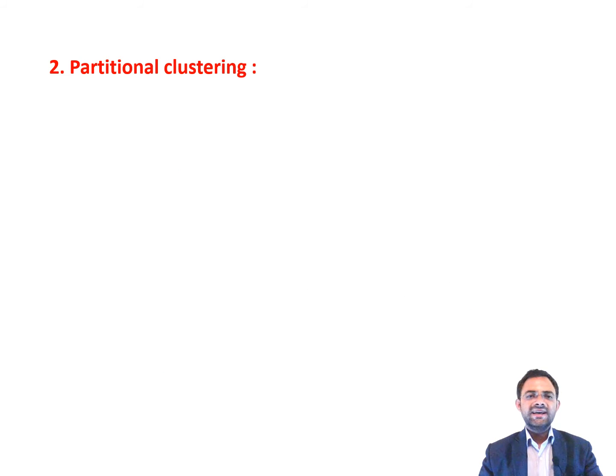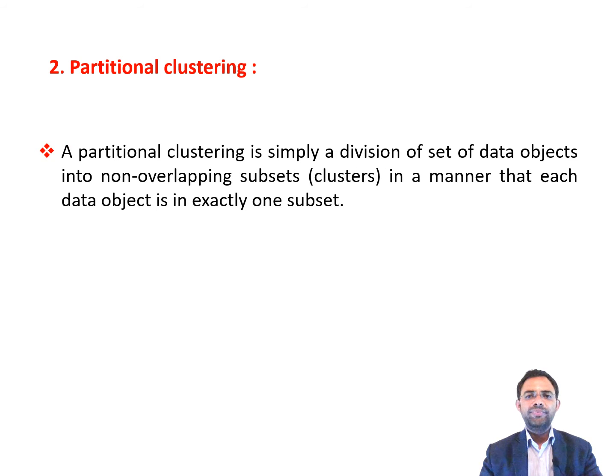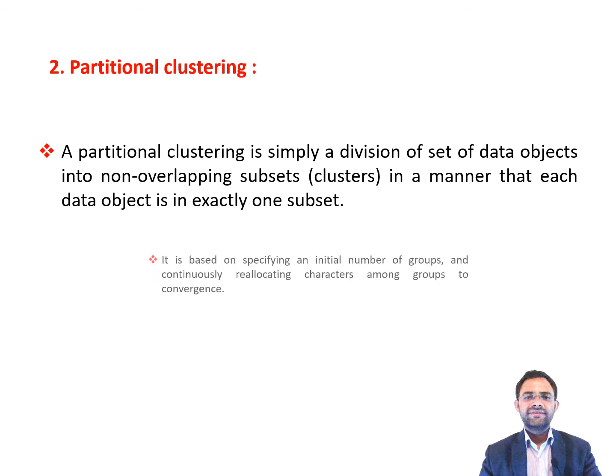Now, in numerical taxonomy, after the hierarchical clustering, the second type of clustering which is used is partitional clustering. A partitional clustering is simply a division of a set of data objects into non-overlapping subsets or clusters in a manner that each data object is in exactly one subset.